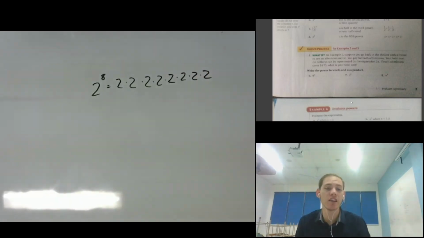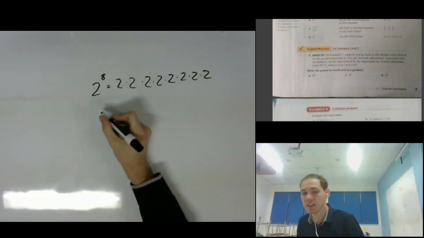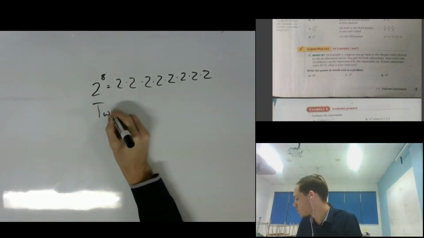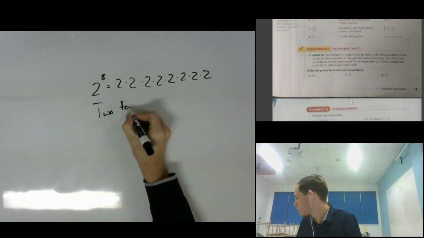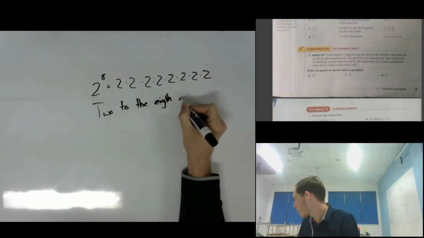Now, do we need to solve it? No. Directions say write the power in words and as a product. So we would write it in words. We would say 2 to the 8th power.